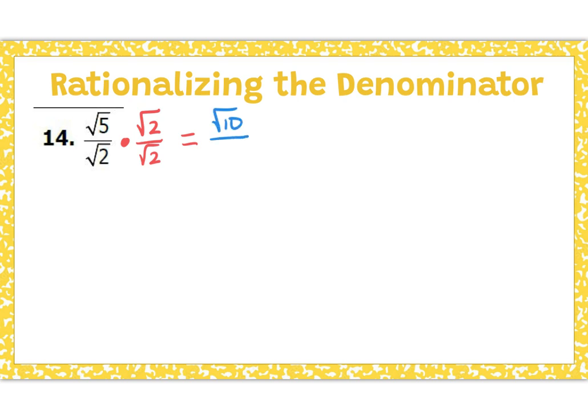And then 2 times 2 is the square root of 4. But we have to make sure that we simplify our radicals. Square root of 10 cannot be broken down anymore by any perfect square, so it is simplified. And then square root of 4 is just the number 2. So this would be my final answer.